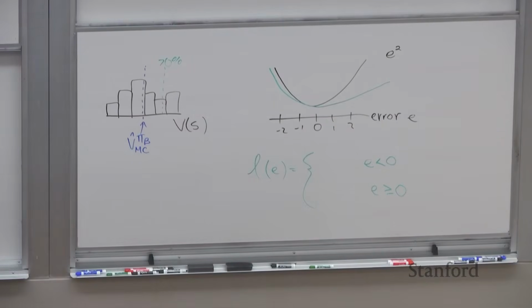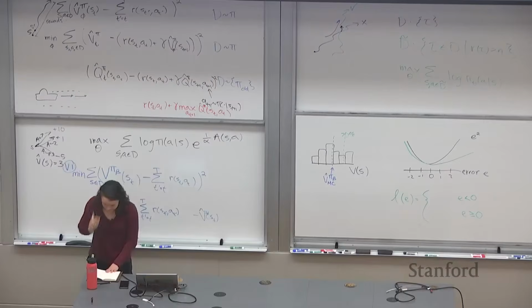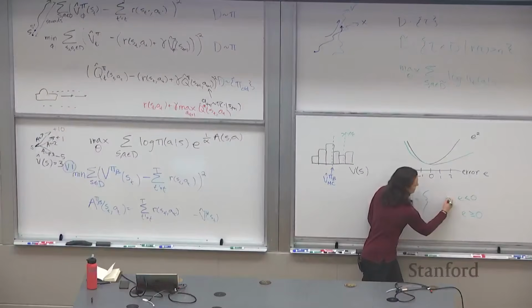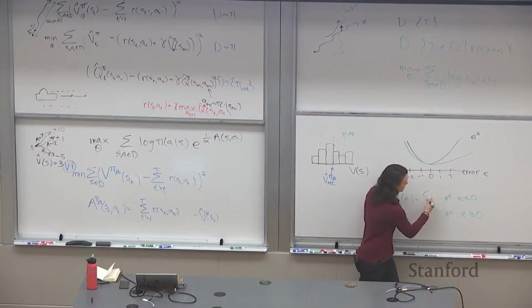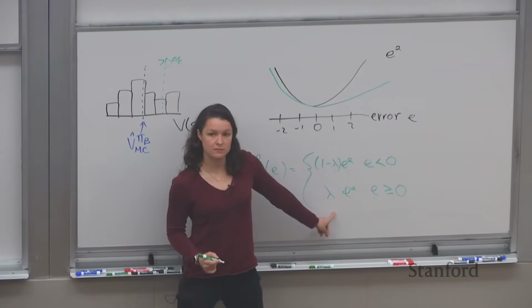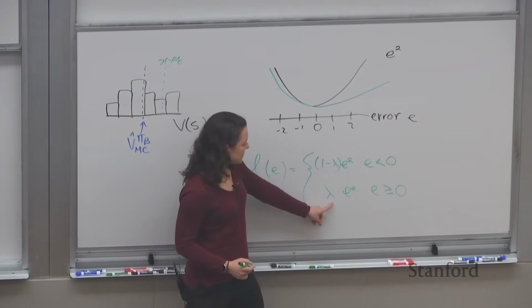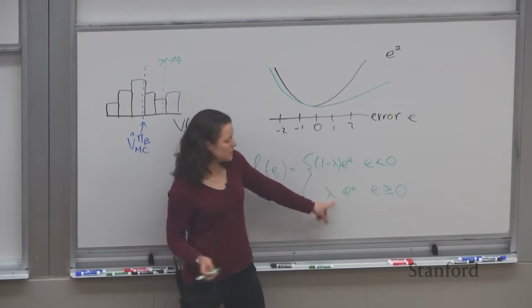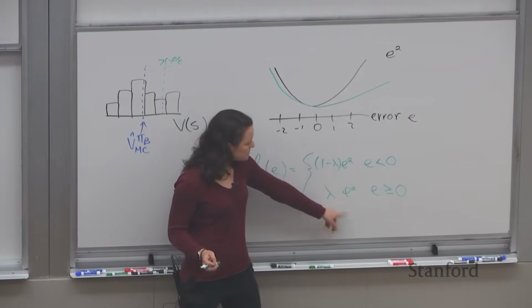Let me just remember what the direction is. If it's less than 0, the base case is just e squared. Then we'll have some hyperparameter lambda that weights our loss by some value. If lambda is 0.5, then this is the typical L2 objective, because it'll be e squared both less than 0 and above 0.